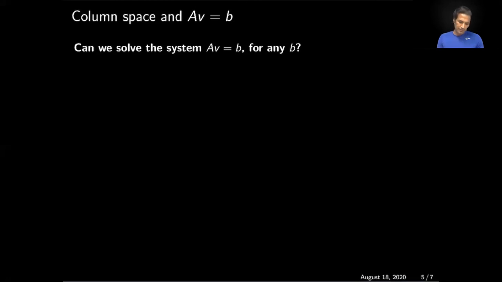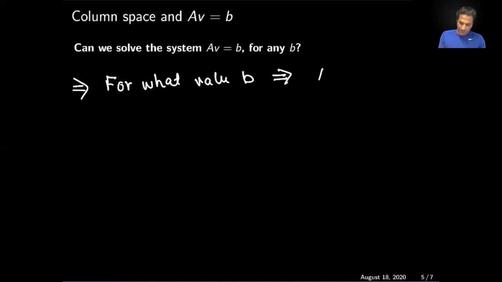So now I can rephrase this question. For what values of b is Av equals b solvable? Where should I choose my b so that this system is solvable?